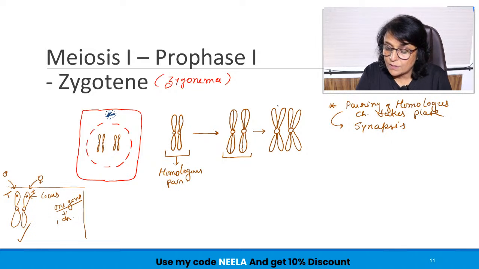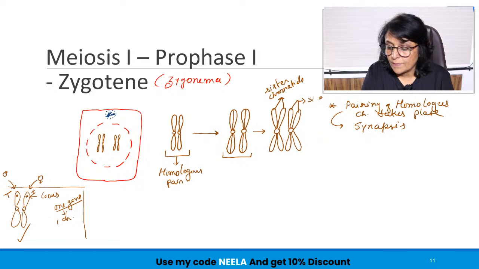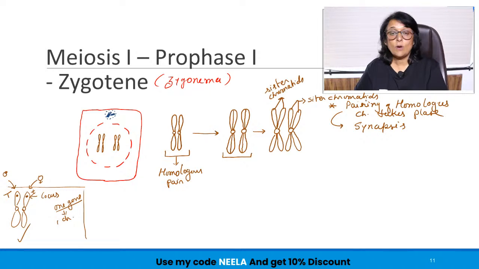Let us label this first. These two are sister chromatids and these two are also sister chromatids. Okay, so now what has happened is these two chromosomes, they come closer, we see a pair.